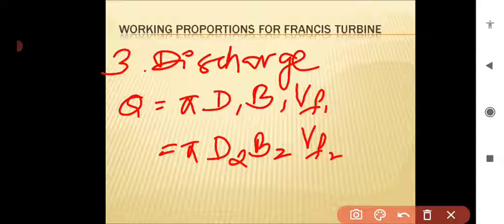D2 is the runner diameter at outlet, B2 is the width of runner at outlet, Vf2 is the flow velocity at outlet.